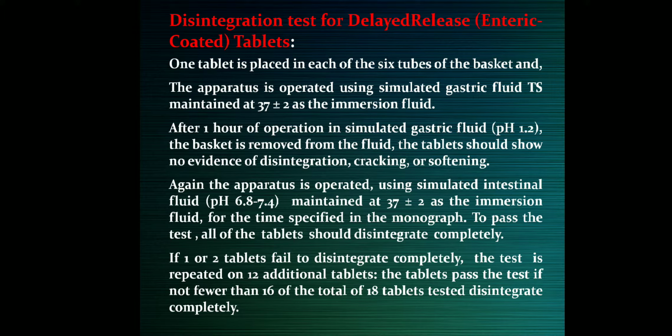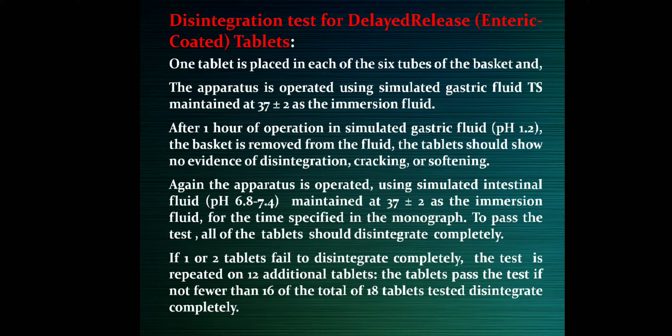Then the fluid is replaced by simulated intestinal fluid having a pH of 6.8 to 7.4 maintained at 37 plus minus 2 degrees centigrade, and the apparatus is operated for the time specified in the monograph.